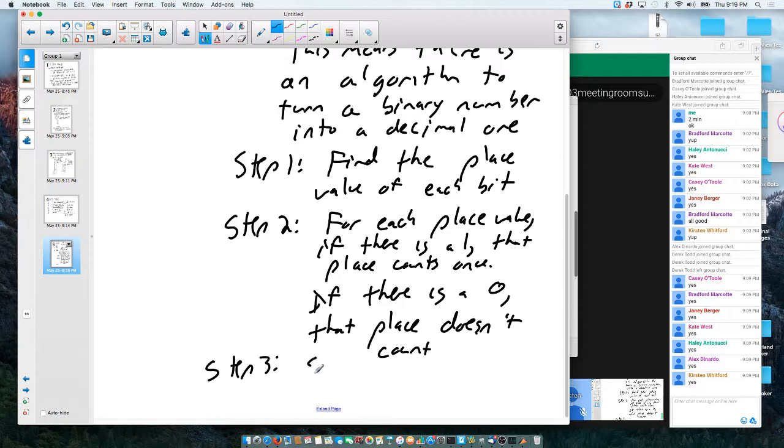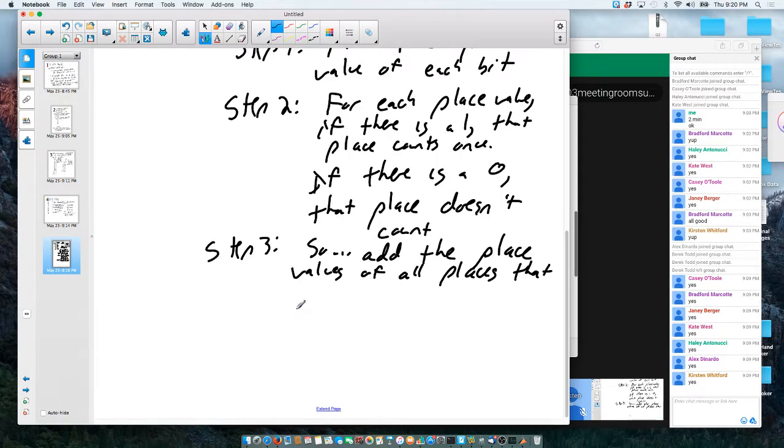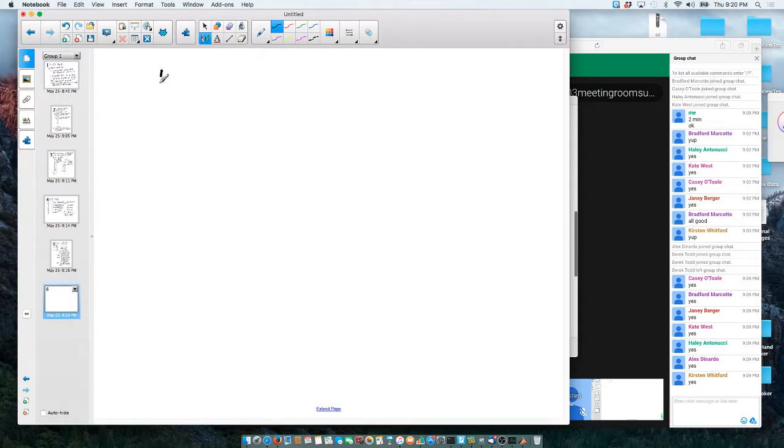Step 3. Add the place values of all places that have a 1. Here's an example of how to do that.